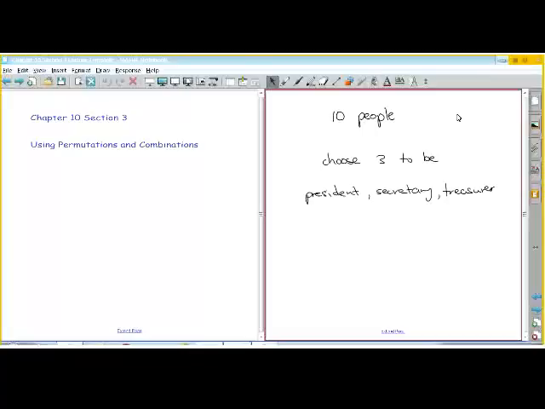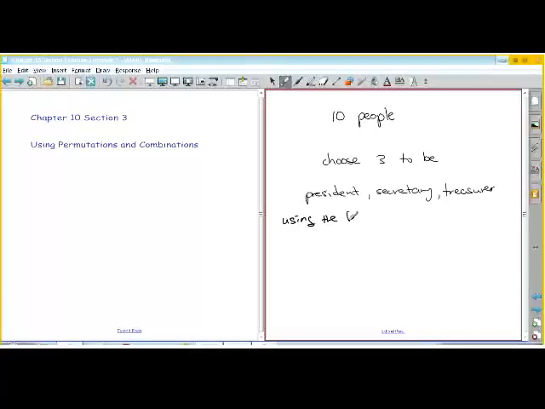And you don't have to pick them in that order. You still have the same number of options as you go through each step. If you started with treasurer, you'd have 10 people to choose for treasurer. If you start with the president, you have 10 people to choose for the president. So we're going to use just the order that's shown here, but it's not necessary.